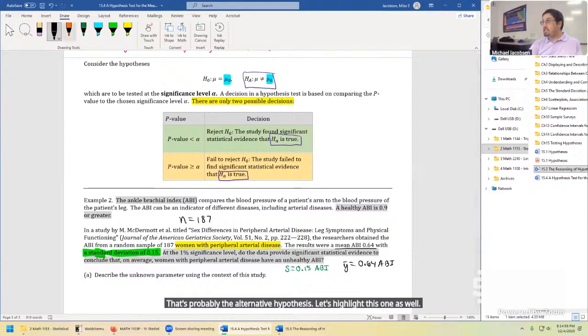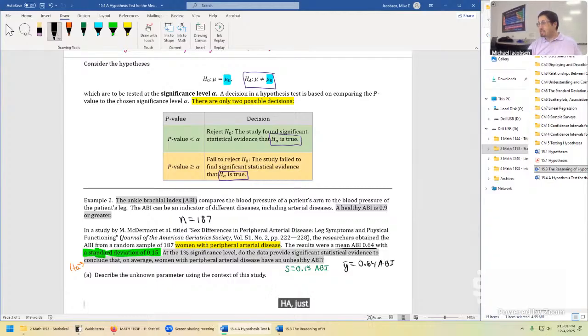So this looks like it's almost certainly the statement of HA, just in ordinary words. It asks at the 1% significance level, so from here, alpha is 0.01 that we're going to use in the hypothesis test.